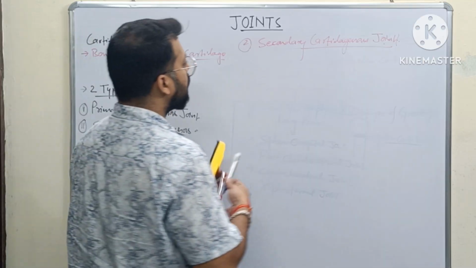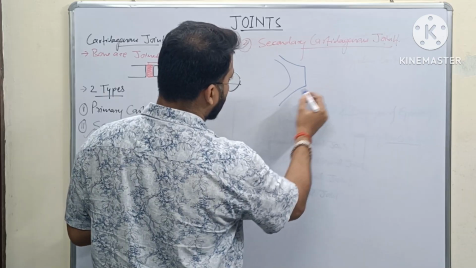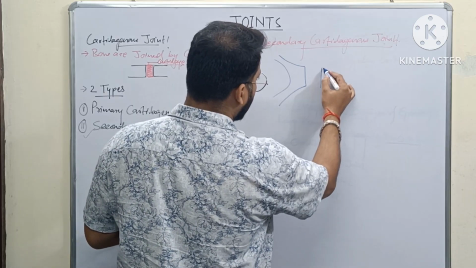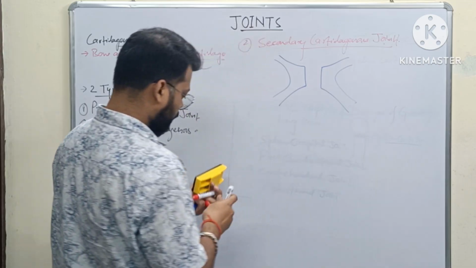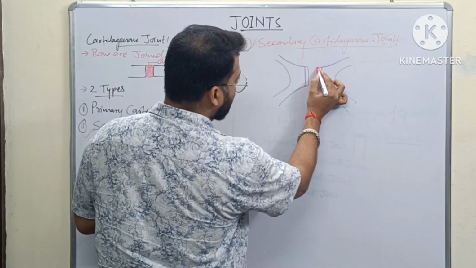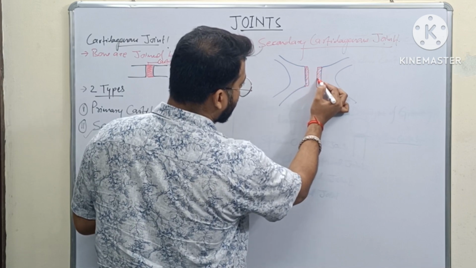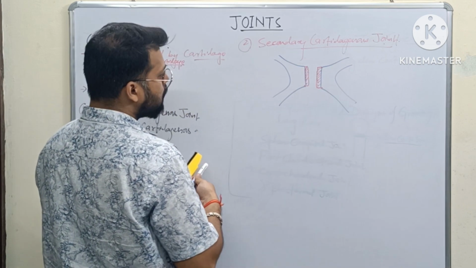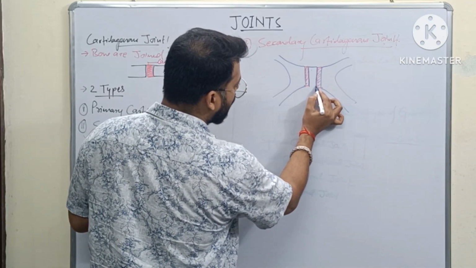Okay. If you draw the diagram, the margin of the bone is covered with hyaline cartilage. Okay, this is the hyaline cartilage, and these two bones are united by a plate of fibrocartilage.